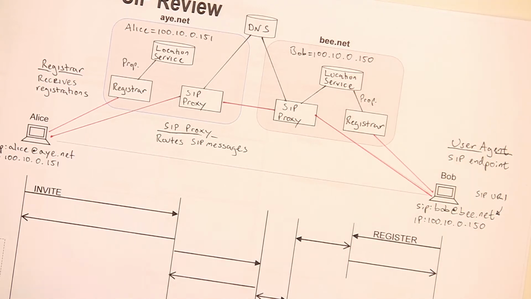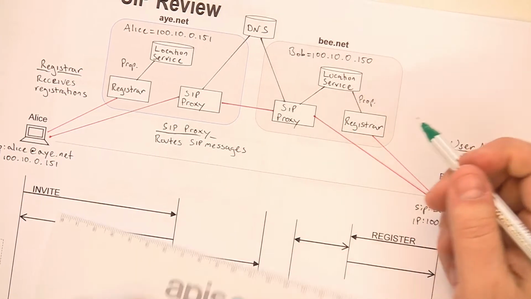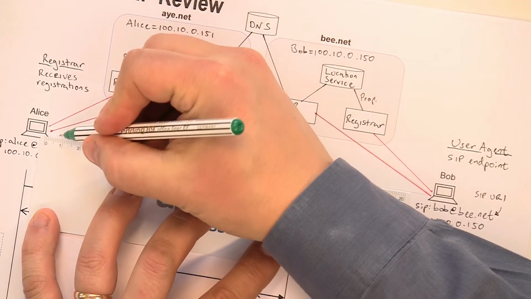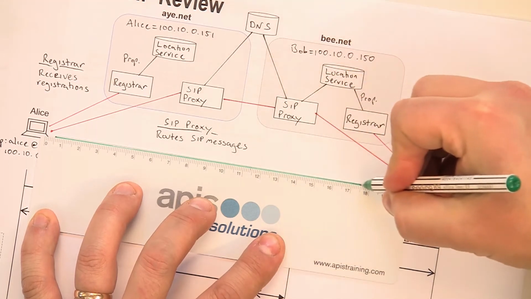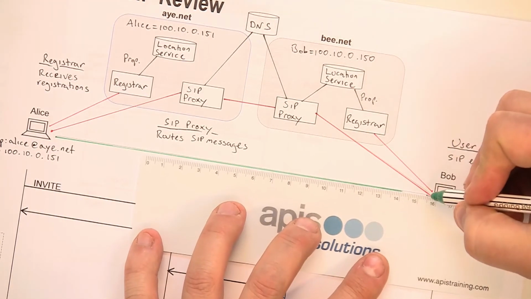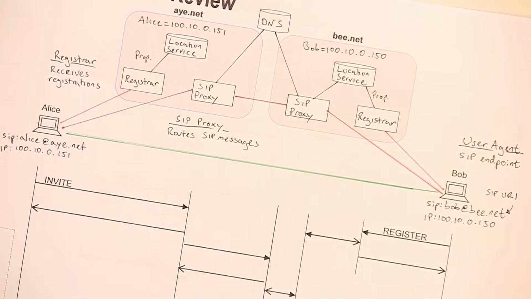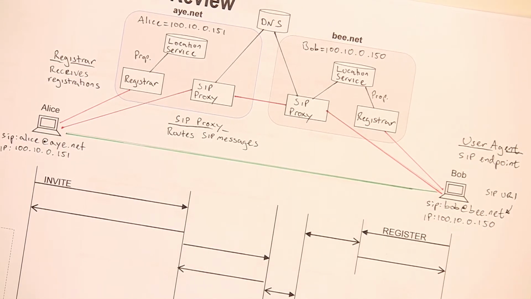So I'm going to draw the green line now from Alice all the way over to Bob like this. This is the media. This is the line with the packets in which Alice's and Bob's voices are contained.